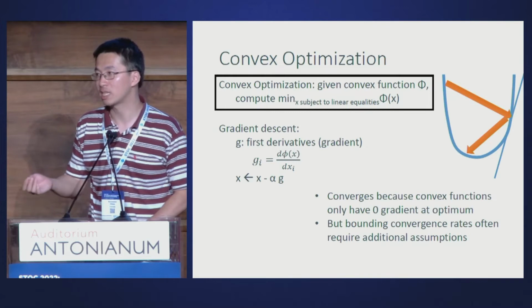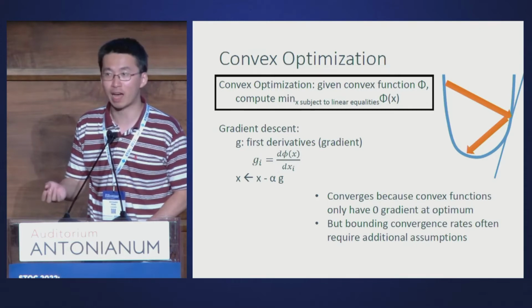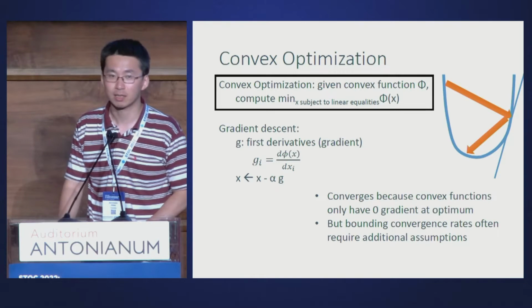So if you dot the gradient against your direction of change, the function value is going to decrease by a negative value, with one caveat: the gradient is going to change.